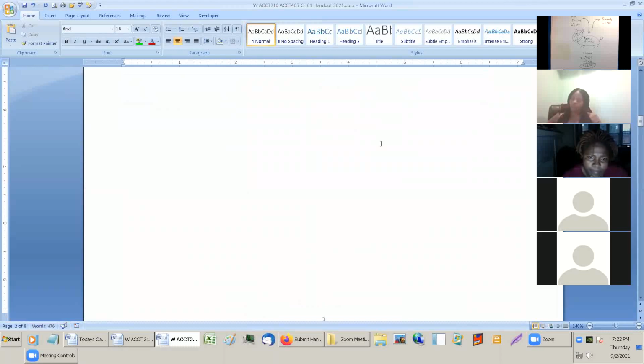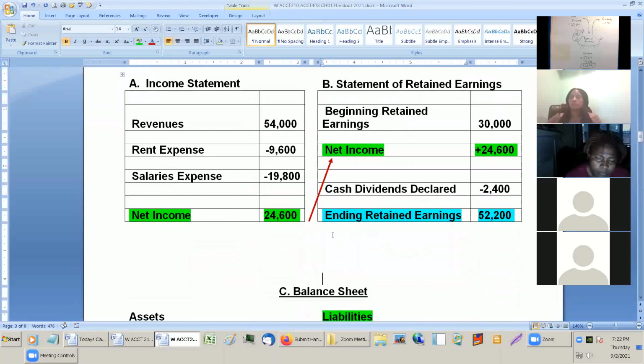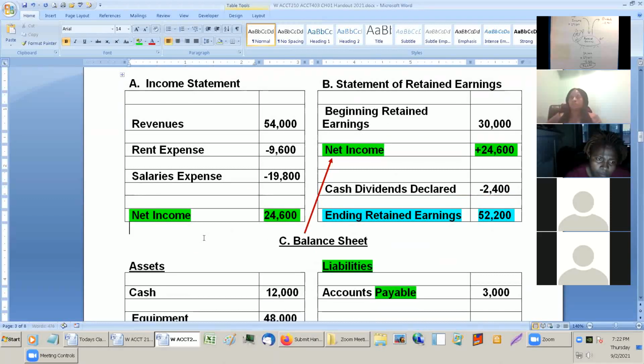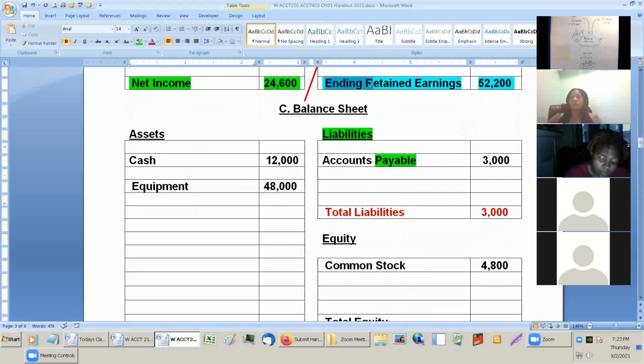You don't have to do that. They also have this ending retained earnings, which is also for the owners.